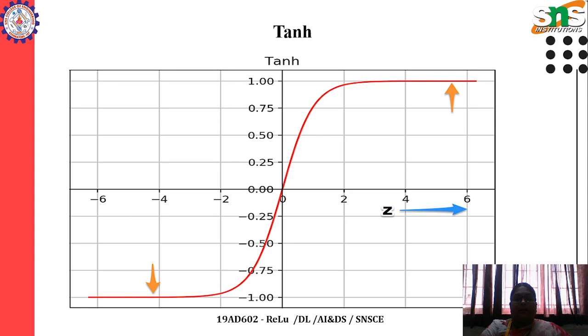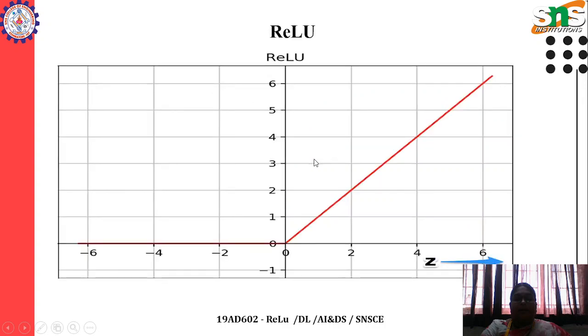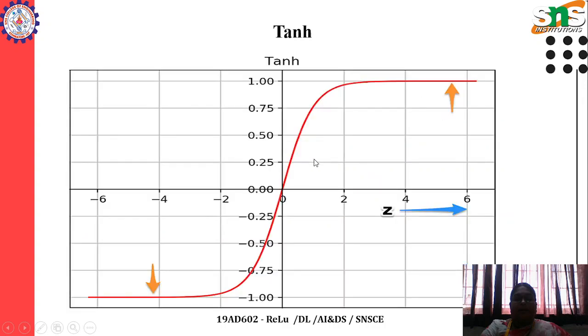The picture you are seeing now is the tanh function. The graph is plotted between positive and negative values, in which the x-axis has 2, 4, 6 and on this side -2, -4, -6, and the y-axis has points 1.0, 0.25, 0.50, 0.75, and the negative values here.